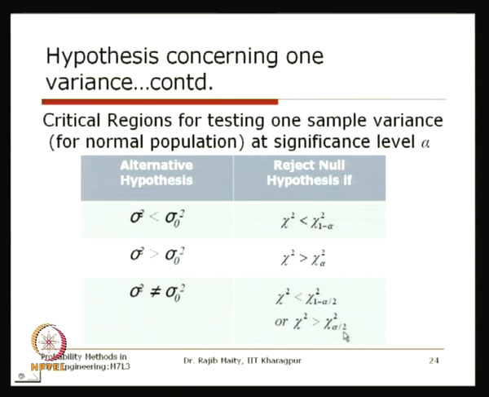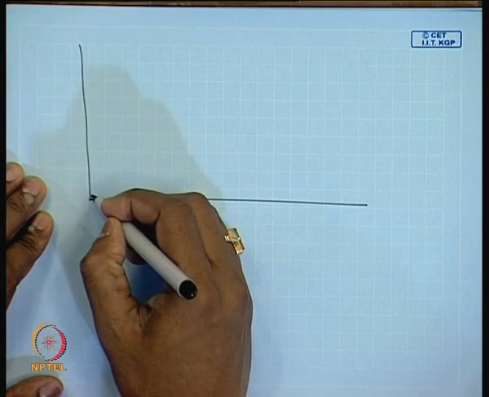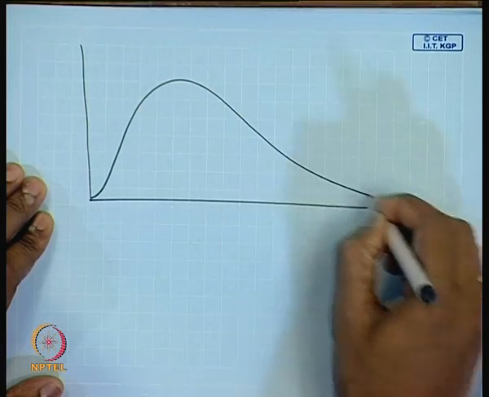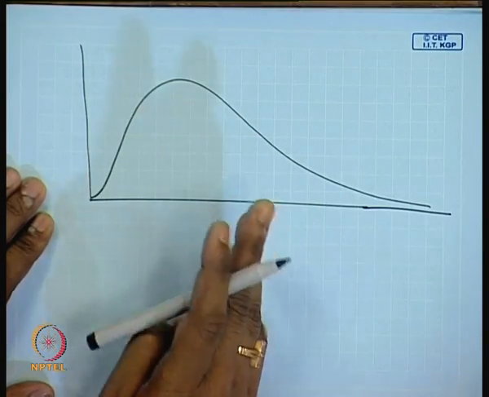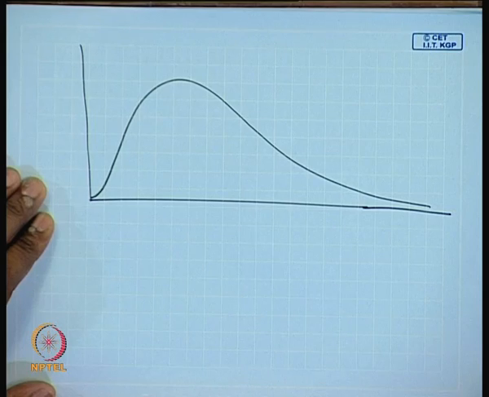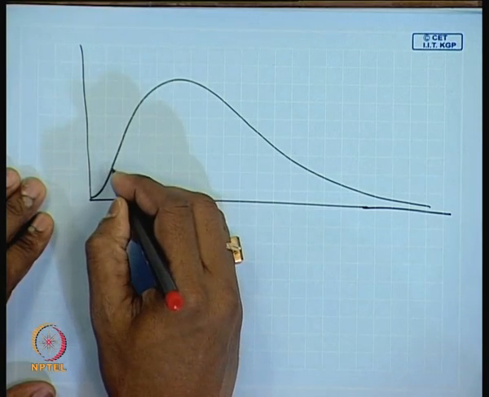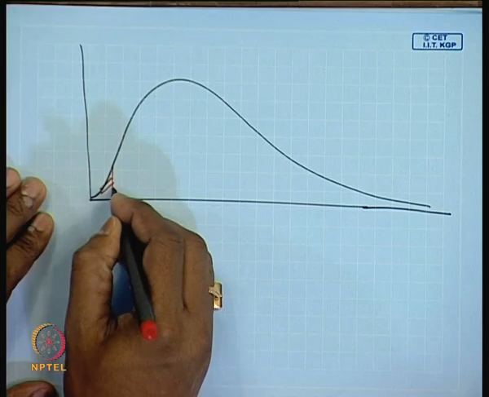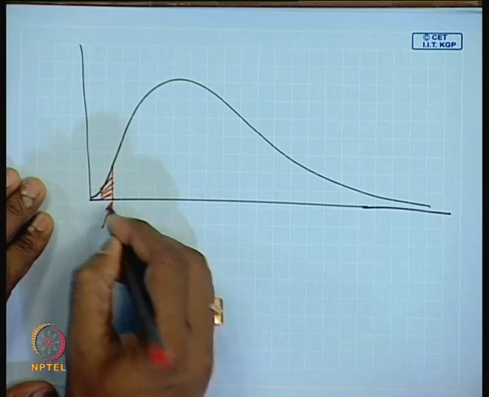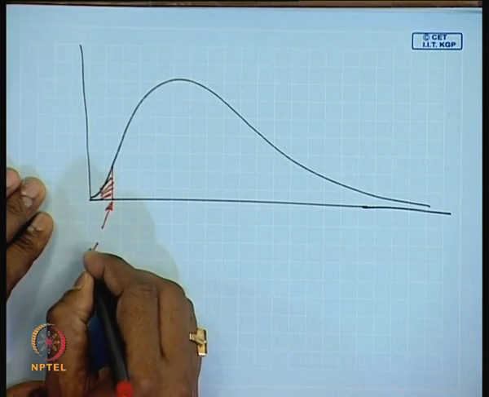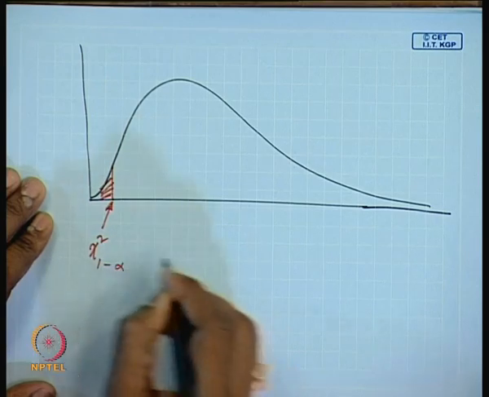If we quickly see the typical shape of a chi-square distribution, it looks like this. It is not symmetrical. Here, this left side area is what we are referring to, and this value is chi-square 1 minus alpha.